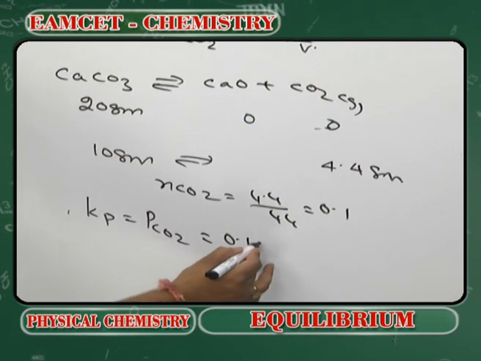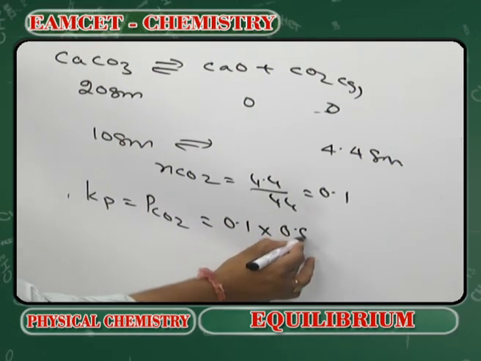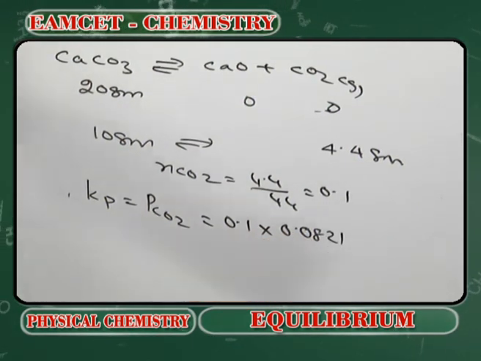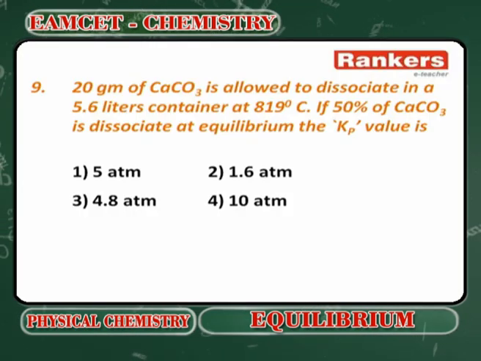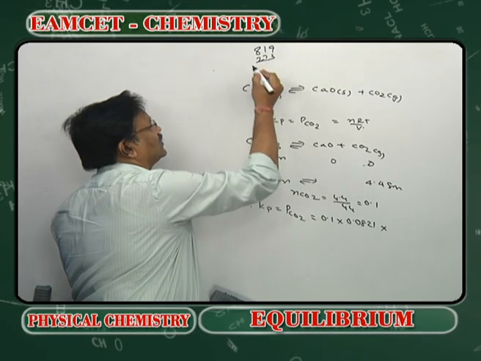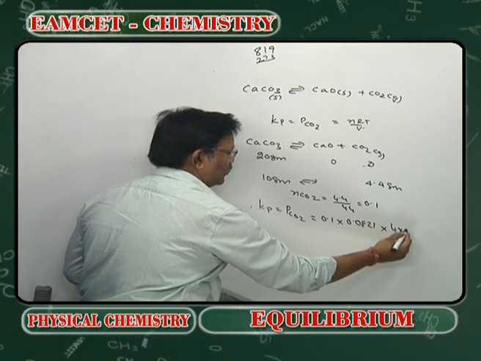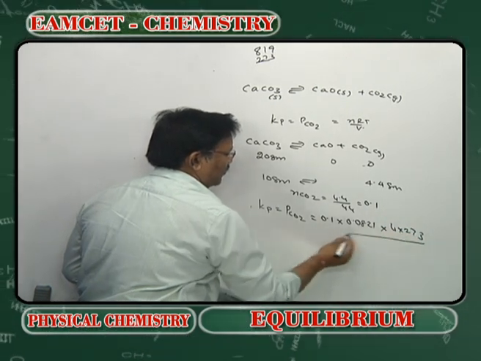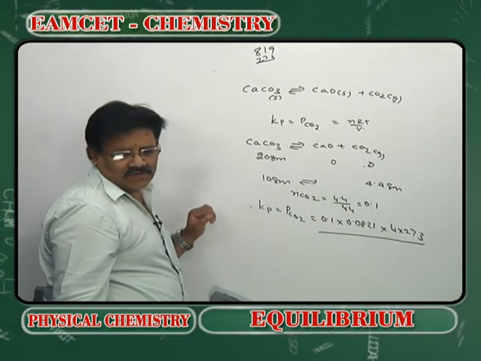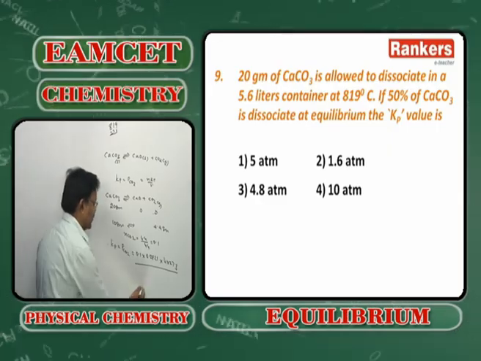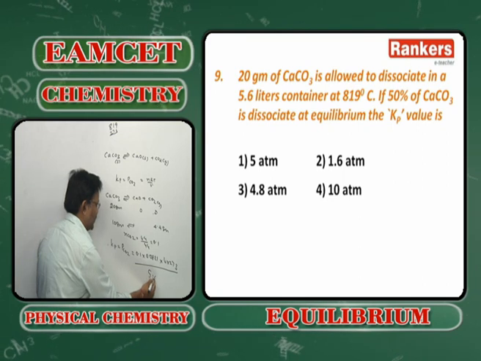Now, Kp is equal to the pressure due to CO2. What is n? 0.1. What is R? 0.0821. And what is 819 degrees? That is 819 plus 273, 1092. I write 1092 as 4 into 273, divided by the volume 5.6.